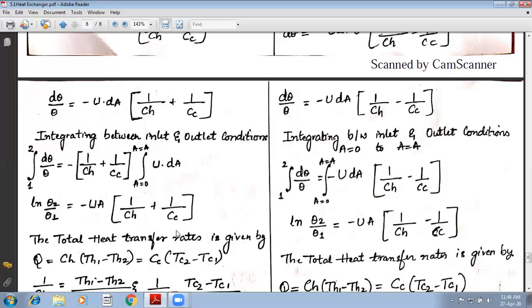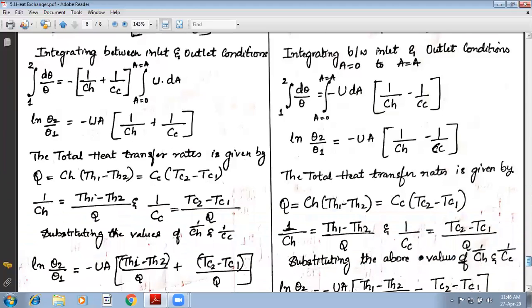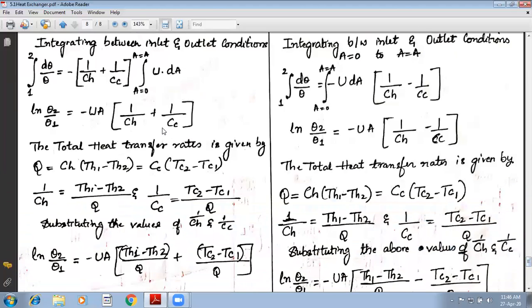Now here we need to substitute the values of CH as well as CC. I am reminding you here, CH is nothing but heat capacity corresponding to hot fluid, and CC is heat capacity corresponding to cold fluid. It is nothing but the product of mass flow rate and specific heat corresponding to hot fluid as well as cold fluid respectively.